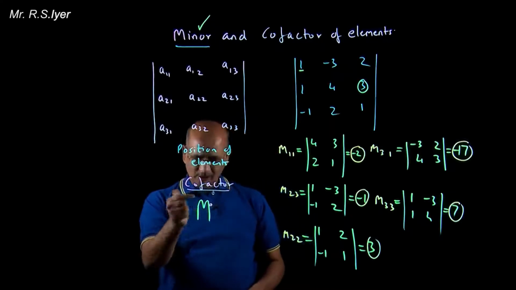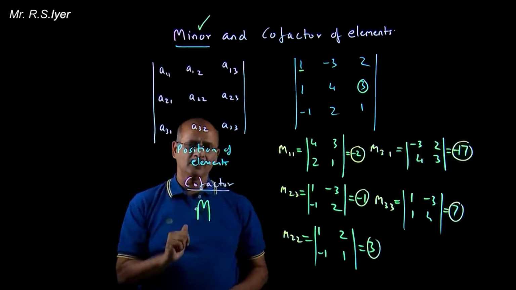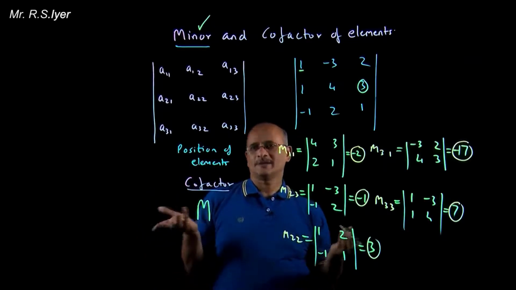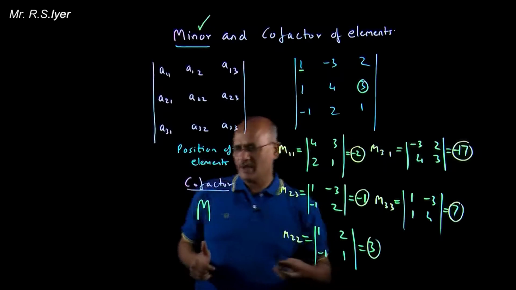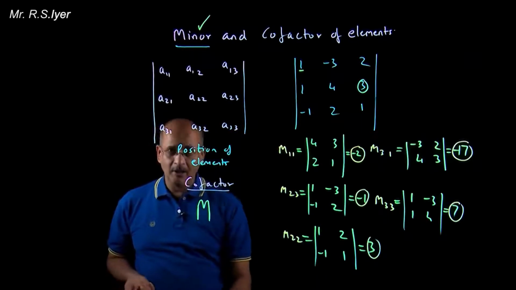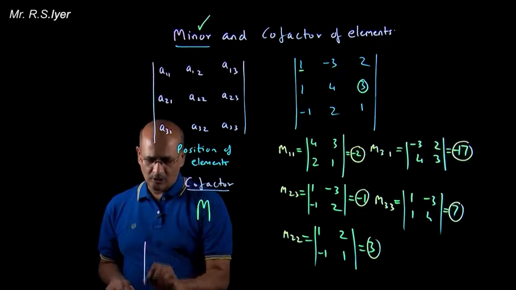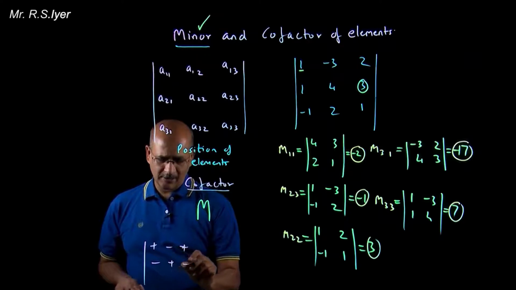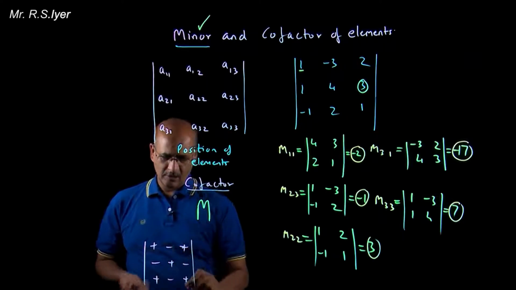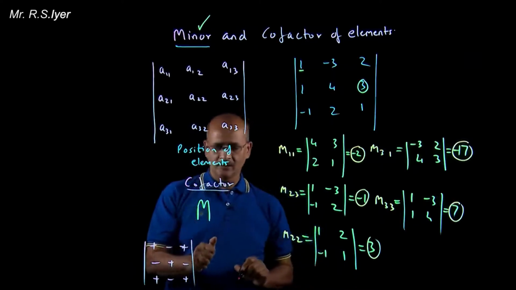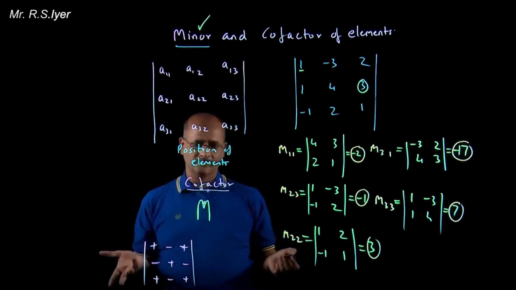When you put a plus or minus sign to the minor, it becomes a cofactor. So what is this plus and minus sign? If you remember, when I was evaluating the determinant of order 3, I had explained to you all: plus minus plus, minus plus minus, plus minus plus. When you put these signs to the respective position of the element, it becomes the cofactor.